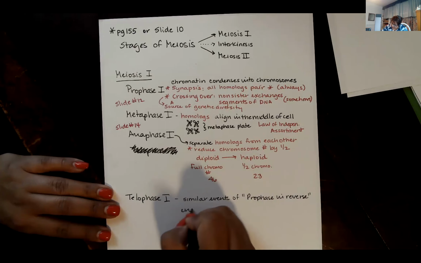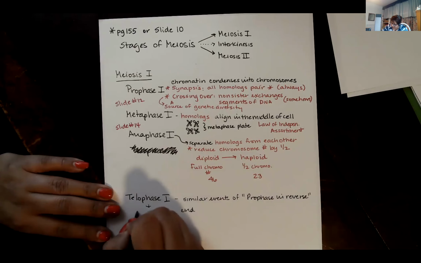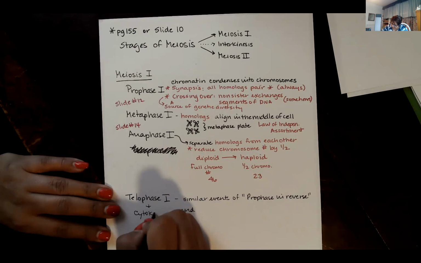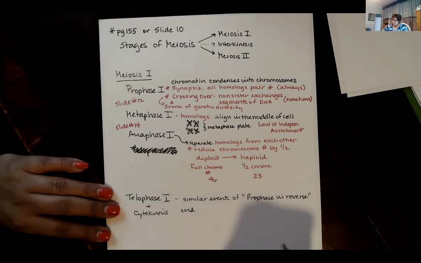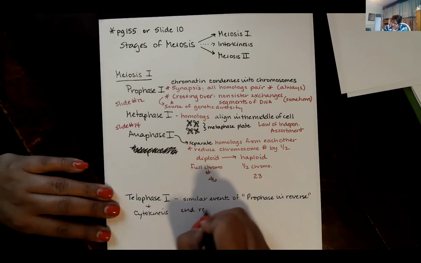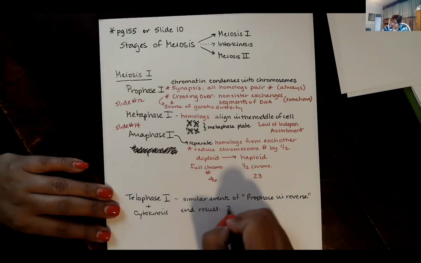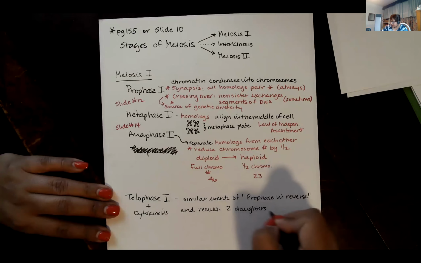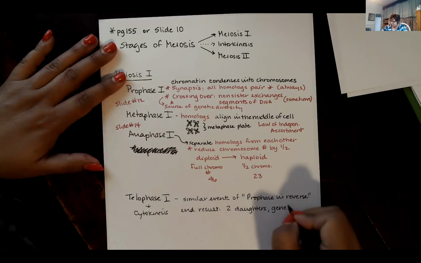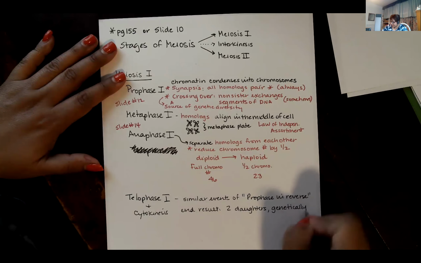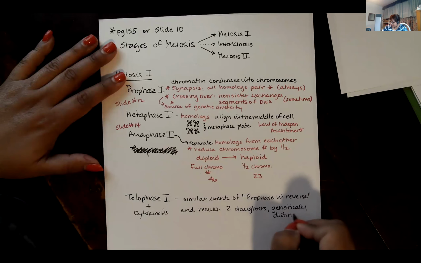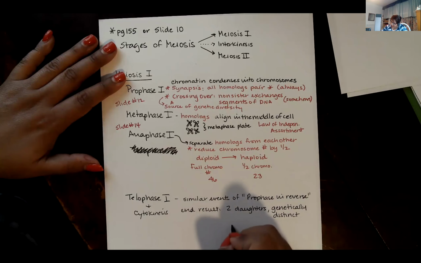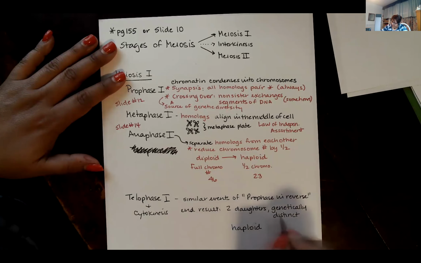And the end result, and of course I don't want to forget cytokinesis, also happens. The end result is you have 2 daughter cells that are genetically distinct because of crossing over. And they have half as much DNA as when they started.